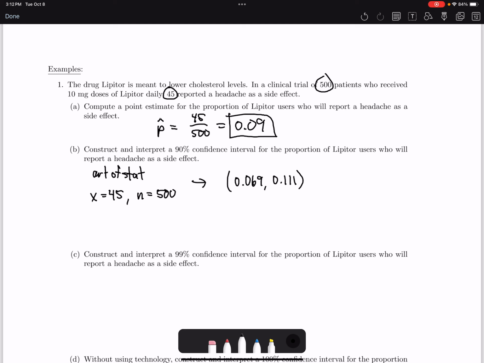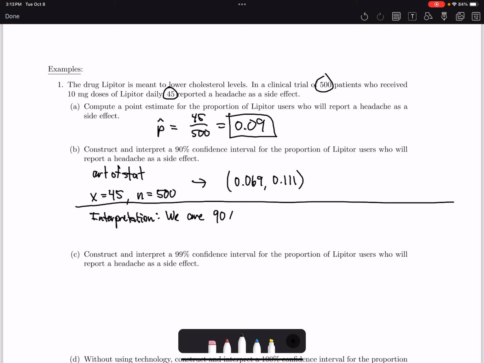Now we were asked to interpret this interval. So the interpretation would be something like, we are 90% sure or certain or confident, maybe confident's the best word.